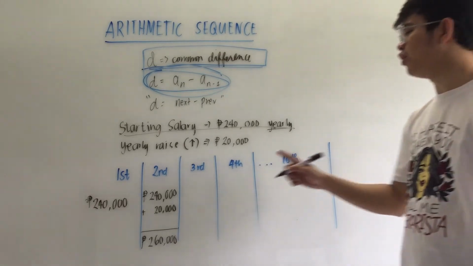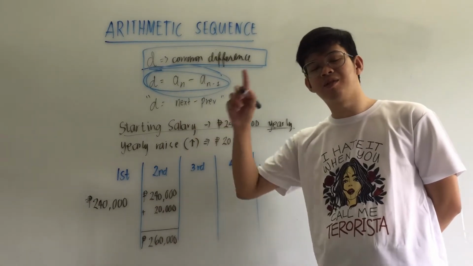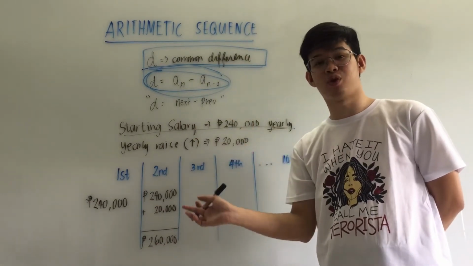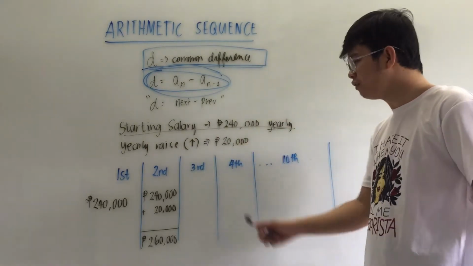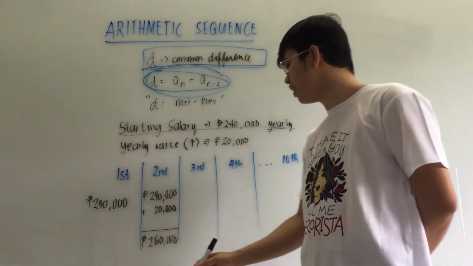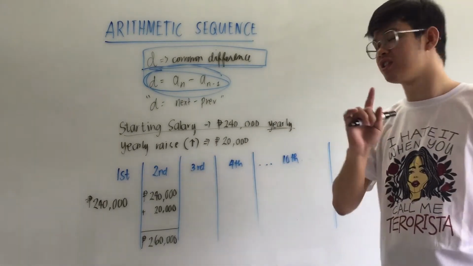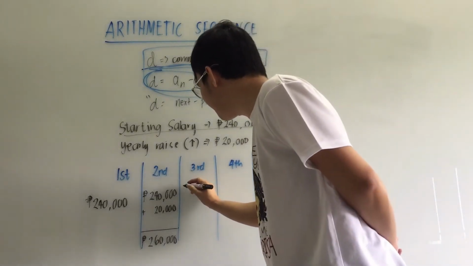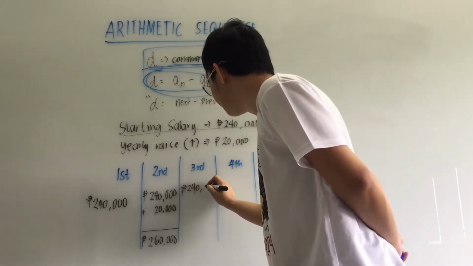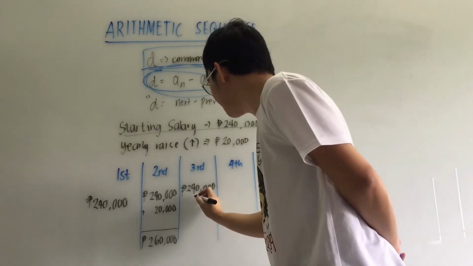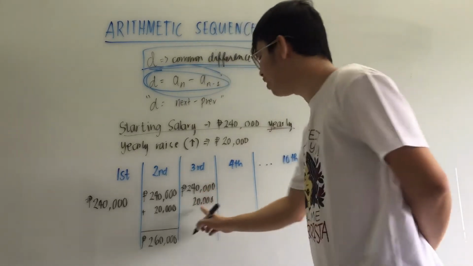Okay? Now, what about for the third year? If you will be staying there for 3 years, your previous salary will still be added 20,000 pesos because it states here that it's a yearly increase. So therefore, your previous salary, which is 260,000, will be added another 20,000 pesos. But let me just write it this way. Let's retain 240,000 pesos, and then let's add 20,000 pesos because this is the previous salary.